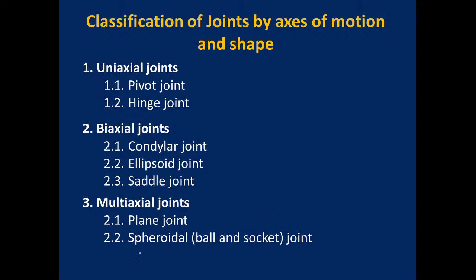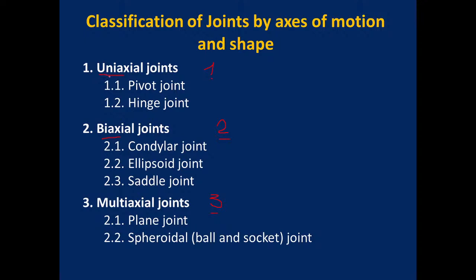Uniaxial joints have only one axis. Biaxial means they have two axes, and multi-axial have 3 axes. It's not possible to have 4 axes because we live in 3-dimensional space. So the joints may move around 1 axis or 2 axes or 3 axes, but not more than 3.